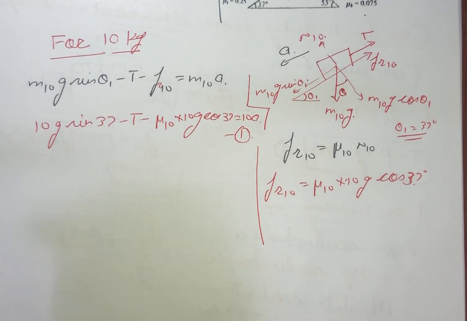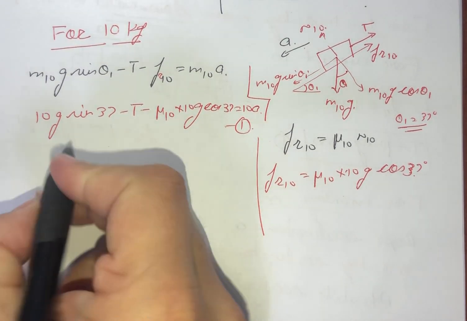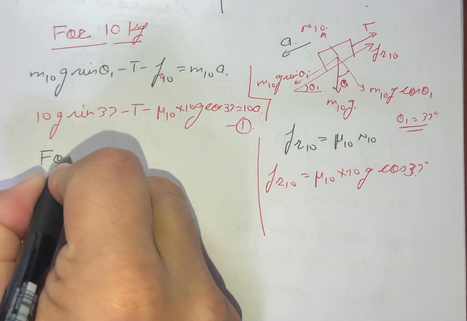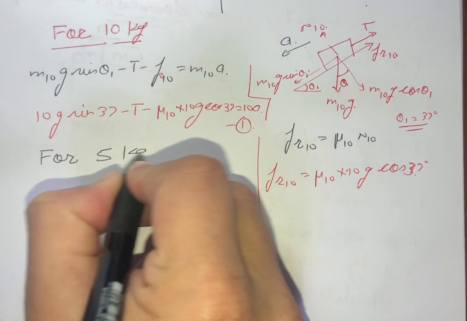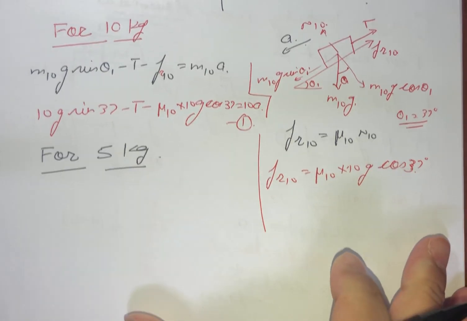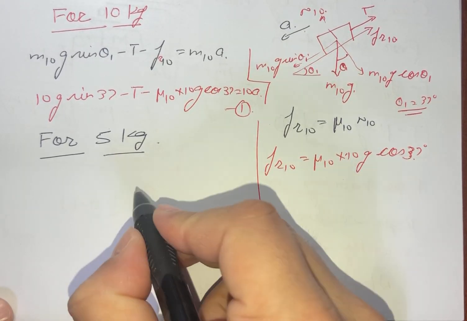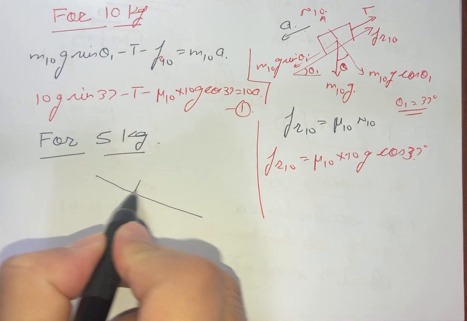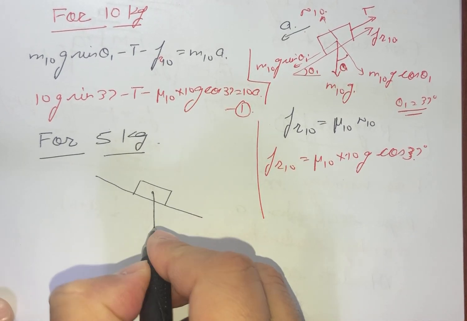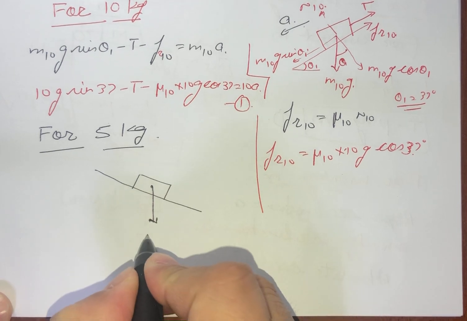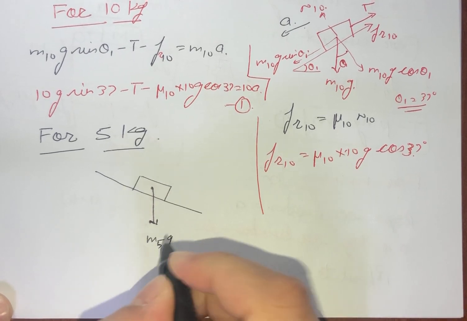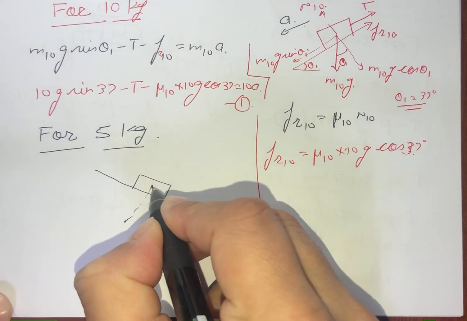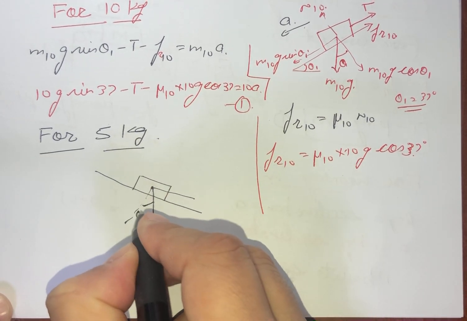Similarly, we can write for 5 kg. For 5 kg, let us draw the free body diagram. In the downward direction, we are going to have m5g, and let this angle be theta 2.